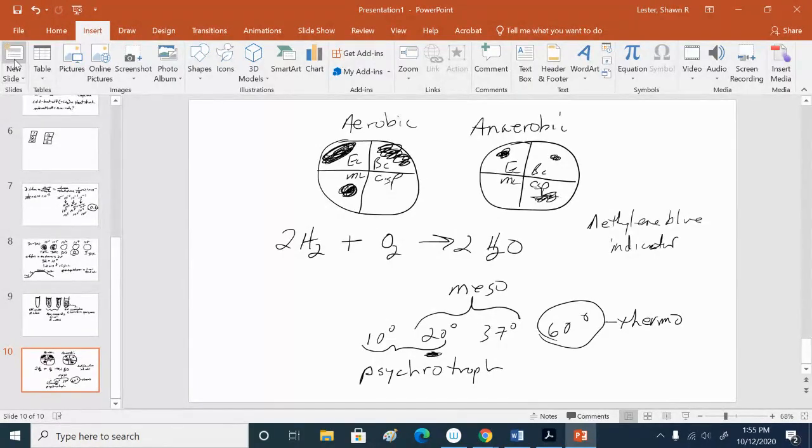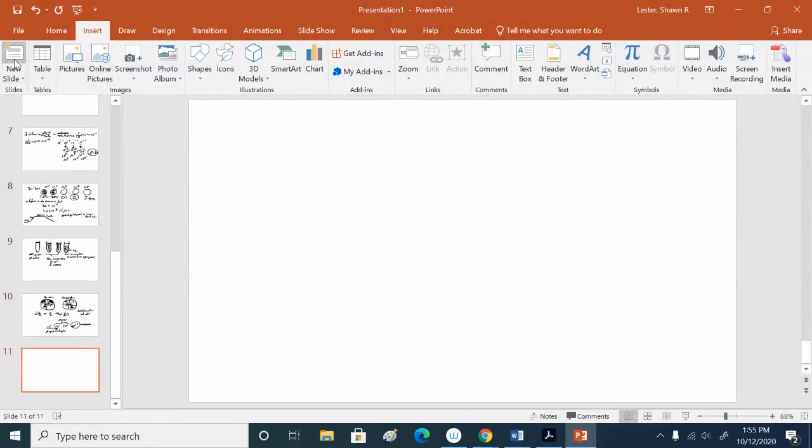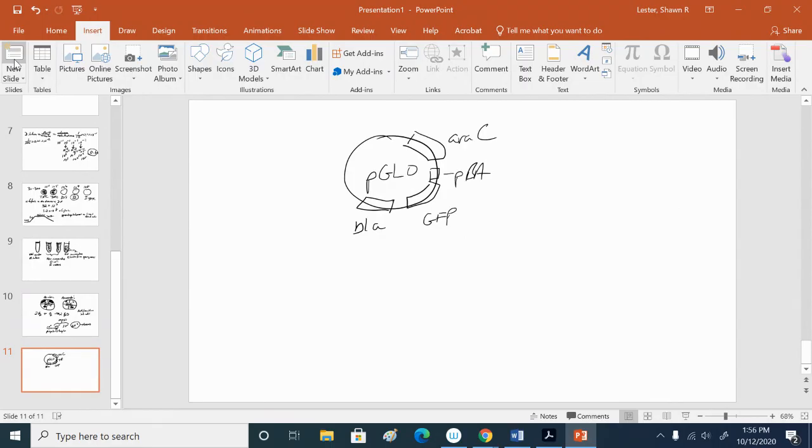And then there was transformation. So remember we had a plasmid, the pGLO, and it had three genes of interest and a special promoter.